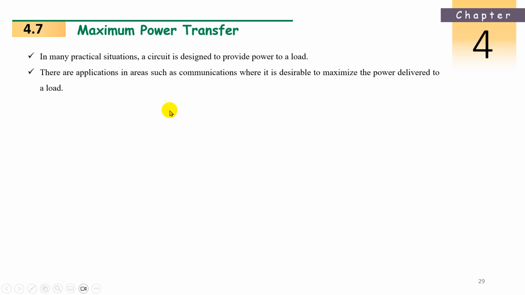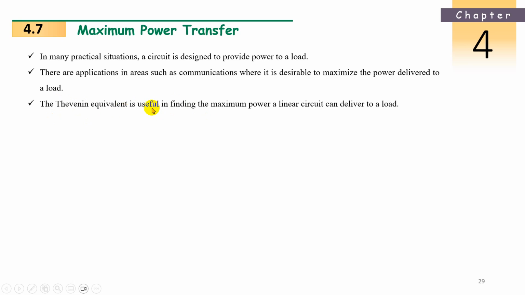So how do we find that? Thevenin's equivalent is useful in finding the maximum power a linear circuit can deliver to a load. We have two options, Thevenin's and Norton's. Thevenin's is always useful for finding the maximum power. If you have Norton's, no problem, but by using source transformation you convert to Thevenin's, then you can find the maximum power.